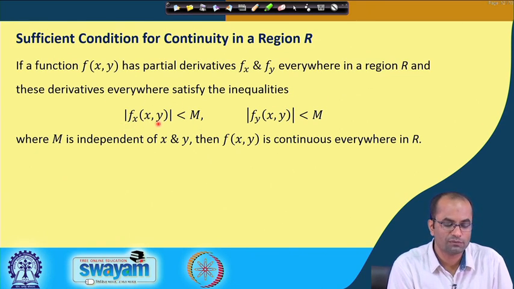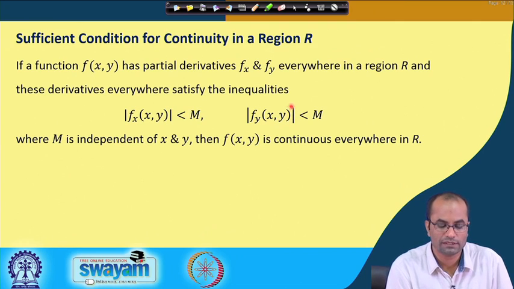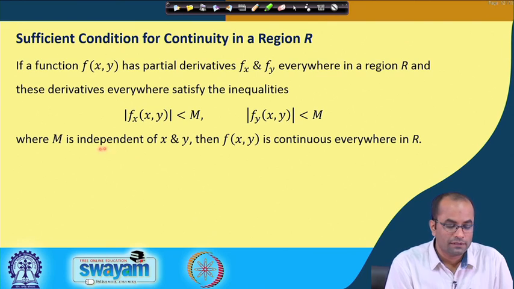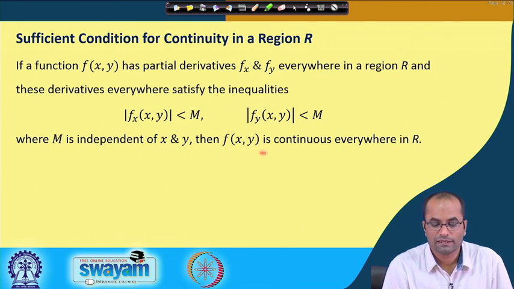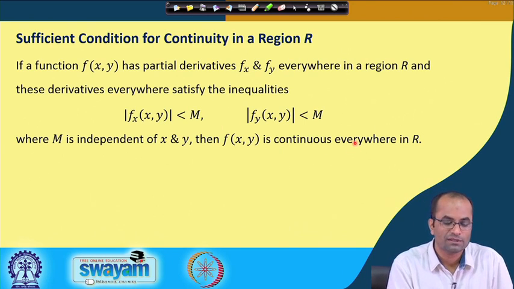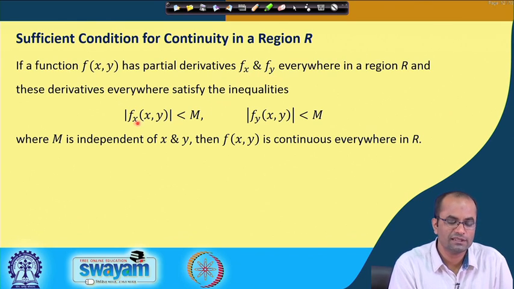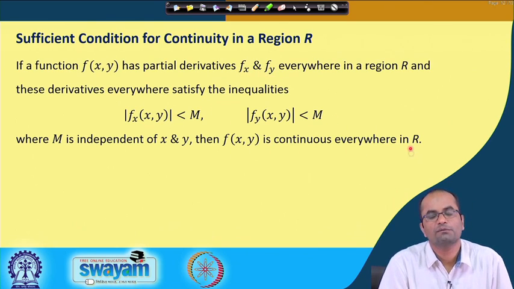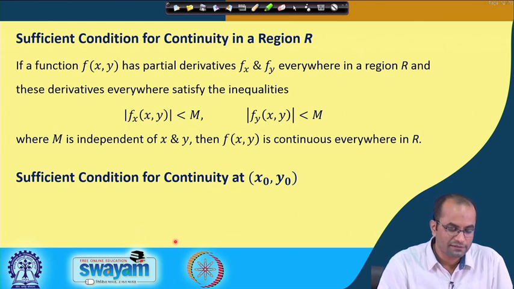So, f_x in that region is bounded, and also f_y is bounded, where this M is independent of x and y. Then f(x,y) is continuous everywhere. So, that is one sufficient condition for continuity. If the partial derivatives exist and they are bounded, then the function will be continuous.